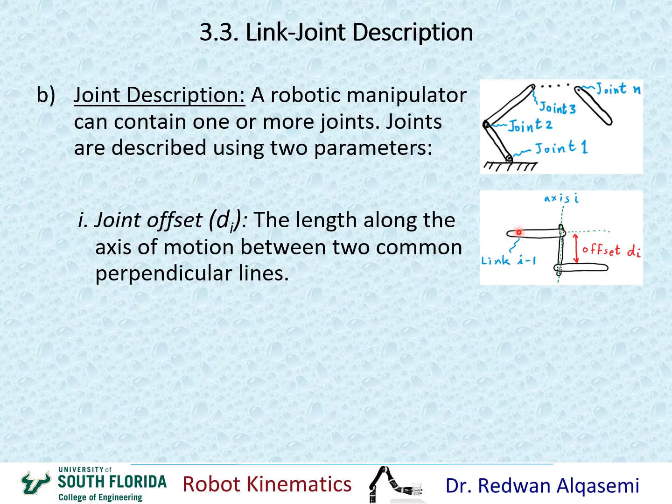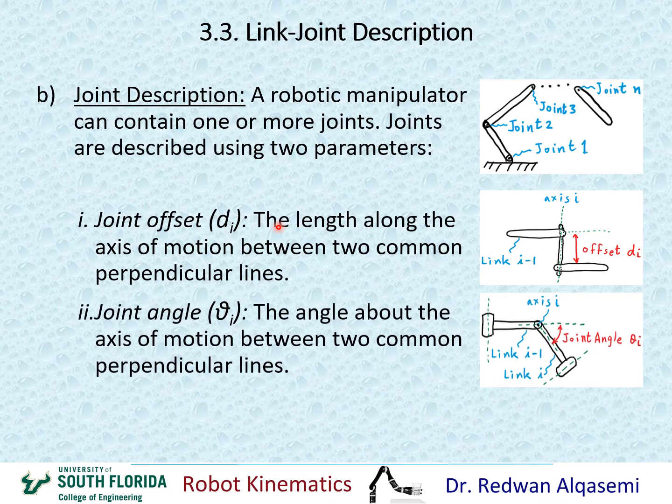Okay, so from the description of the links we can also find that D offset that describes the joint. So that is the first parameter that we use to describe the joint.